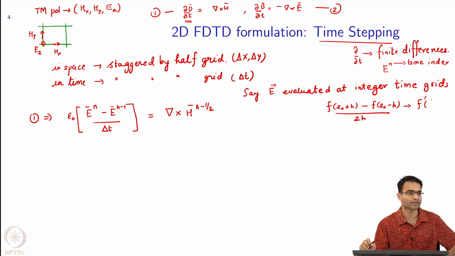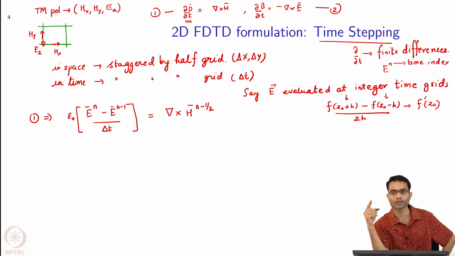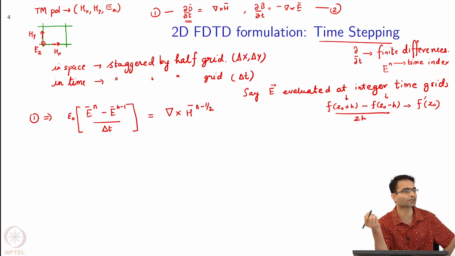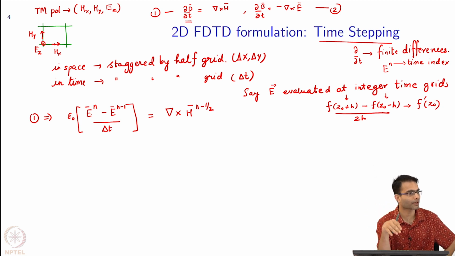Z naught, which is the average of this guy and this guy. Similarly, here on the left hand side I have E at n and E at n minus 1. So, what is it a very good approximation of? Of something at n minus half. That is why I have written this as n minus half. Okay.